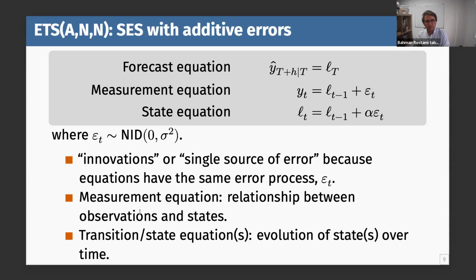That's what I explained in terms of how the measurement captures the relationship between what we observe and the component that changed, which we call the state. And the state is how that component changes over time. And alpha is a smoothing constant.